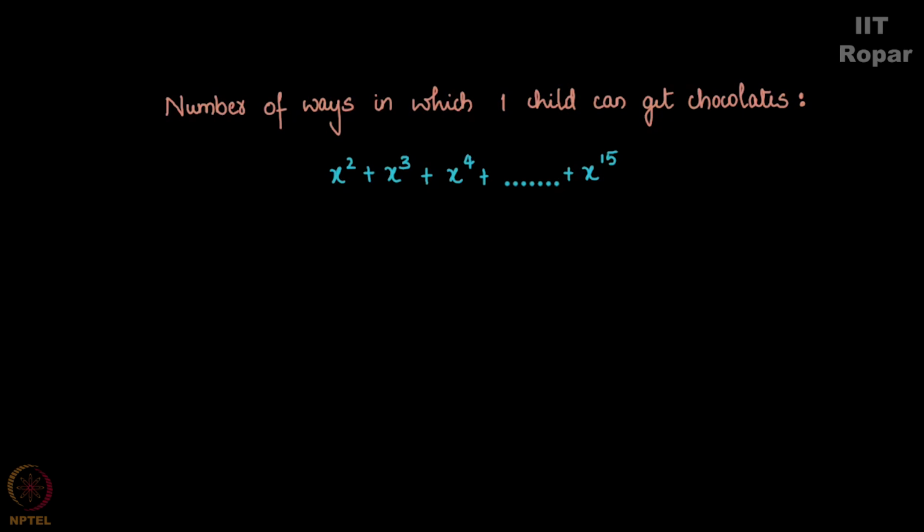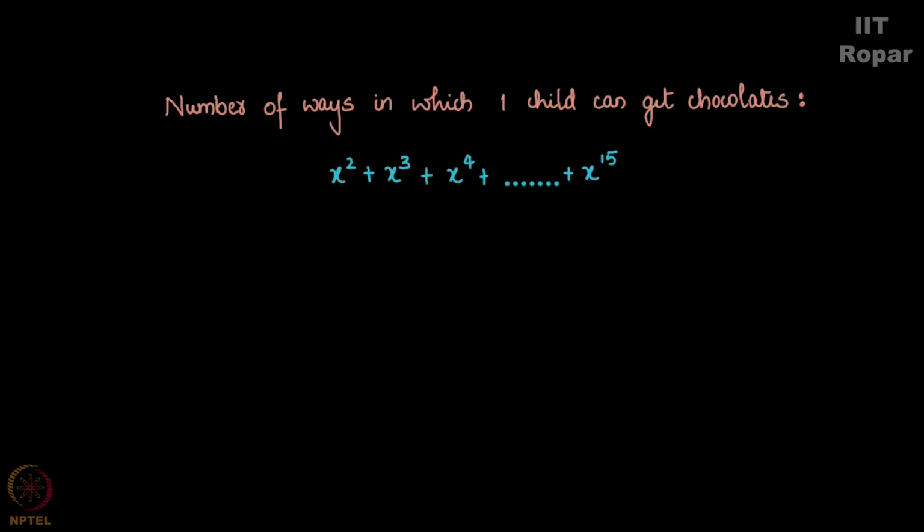Why? Because the minimality condition is that each child must get at least 2 and hence I started with x square. And what is the maximum possibility? I can go up to x to the 15, although a child cannot get 15 chocolates but must get at least 2. I have written x to the 15 here. It doesn't matter, do not worry much.